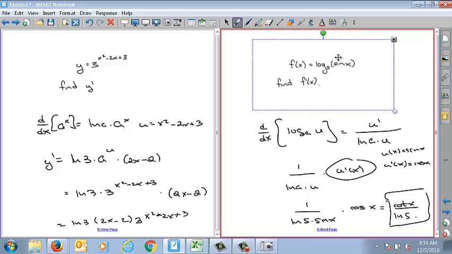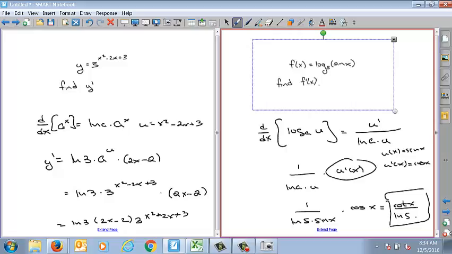And if the argument is just x, then u prime is 1, and you just change that to 1. But if the argument is other than x, then you have to use the chain rule. Okay, so that's it for logarithms. Give you a little more practice there.